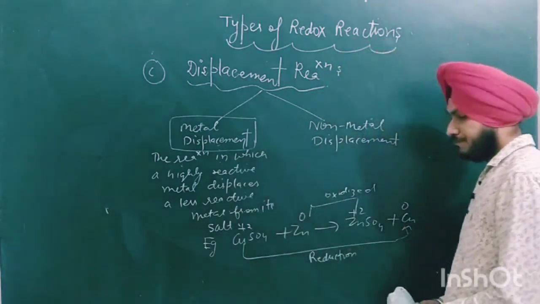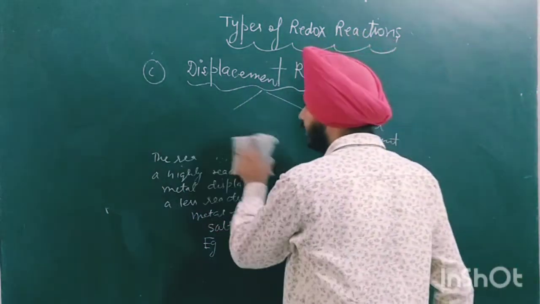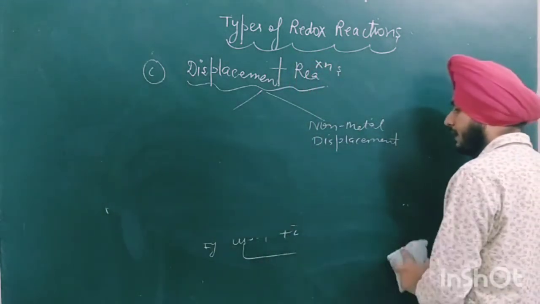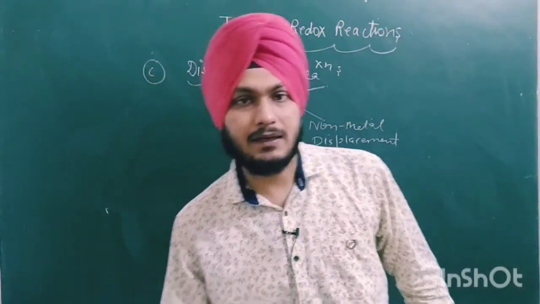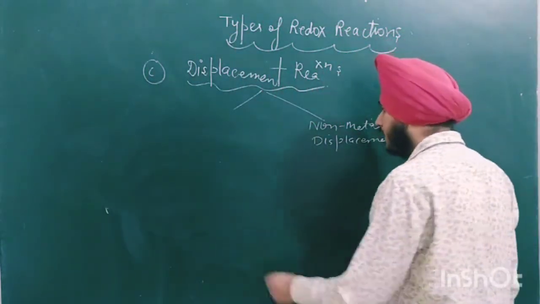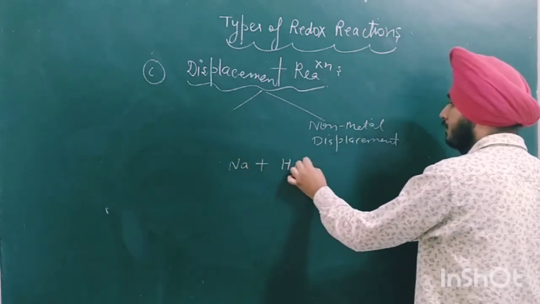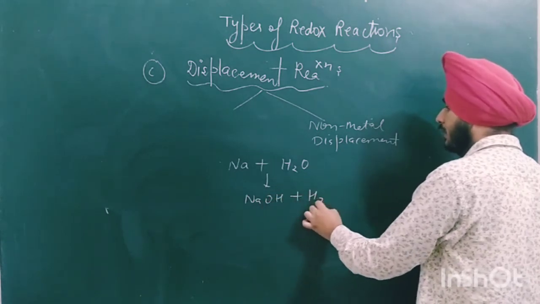For example, highly reactive metals, for example sodium, calcium, can easily liberate hydrogen gas from water. For example, sodium plus H2O gives NaOH plus H2 gas.